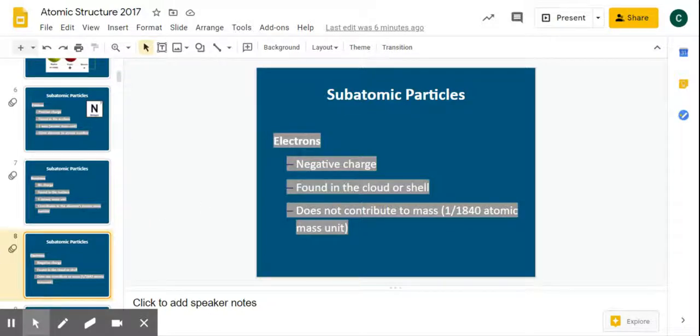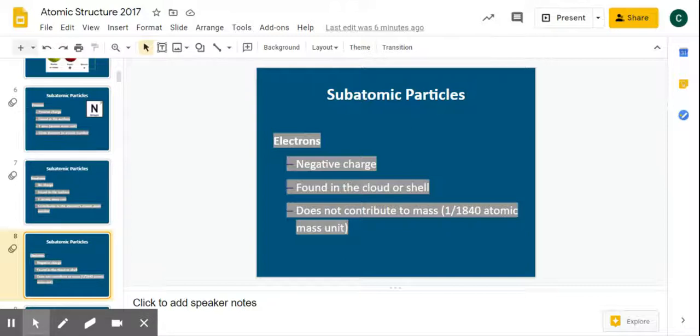And then the big piece of the size: we talked about the AMU and how that plays a role. The electron is 1/1840th the size of an atom's protons and neutrons. So they play an almost unimportant, insignificant role as far as the mass of an atom is concerned.